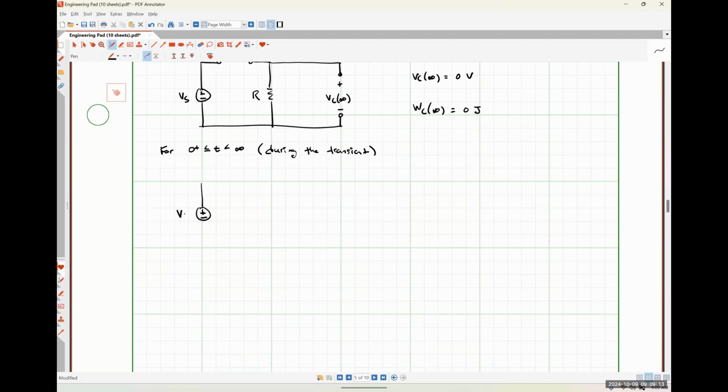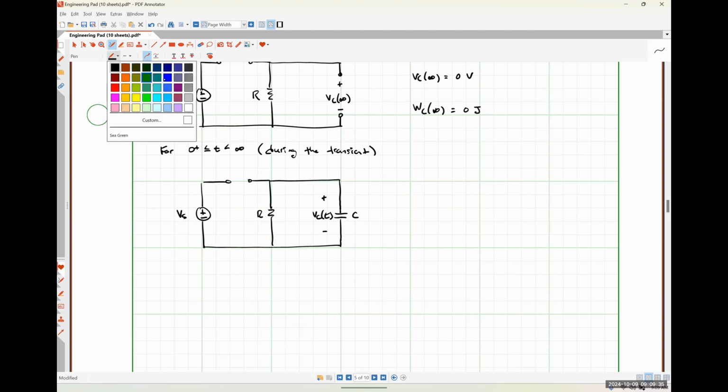So here's Vs. Here's our open circuited switch. Here's our resistor R. Here is our capacitor C. This is the voltage drop across our capacitor as a function of time.